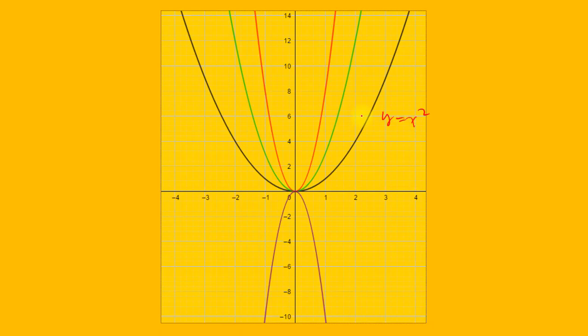So let's try. Here we have, this is 1, this is 1, and this is 3. You see the pattern? This is scaling from 1 becomes 3.